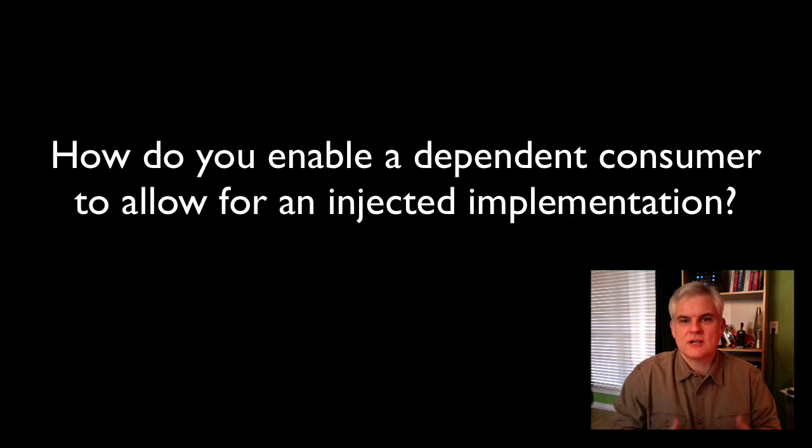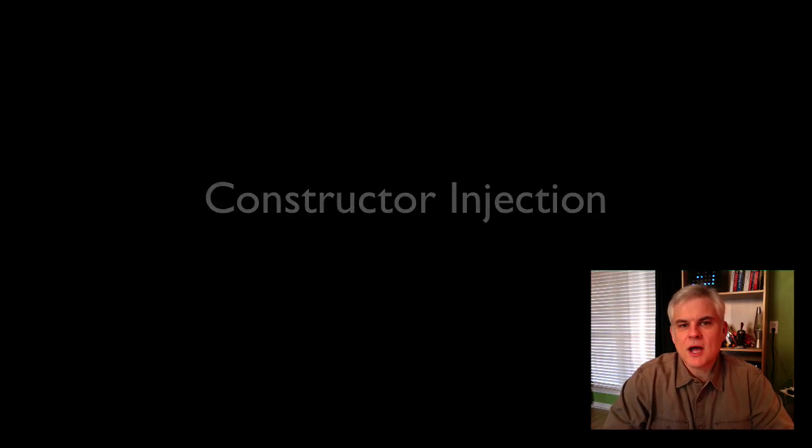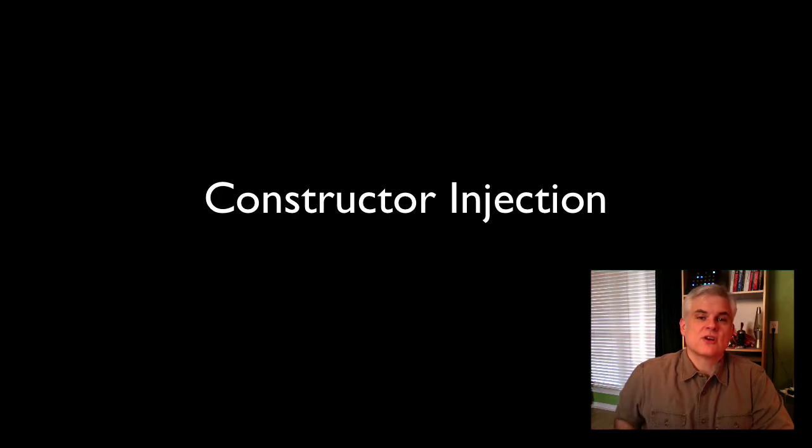When you create your dependent consumer classes, how do you actually allow a concrete implementation of an interface to be injected into it? So how do you modify your consumer classes to allow for injection? Well, there's actually several different ways to do this. The most popular way is through constructor injection. So take a look at this class on screen.